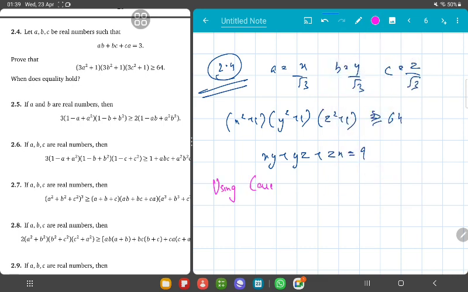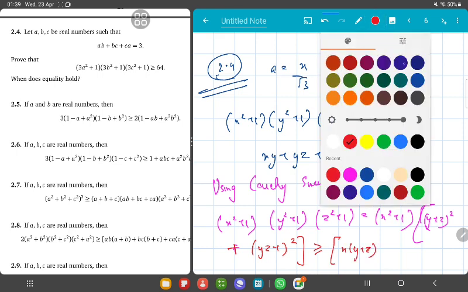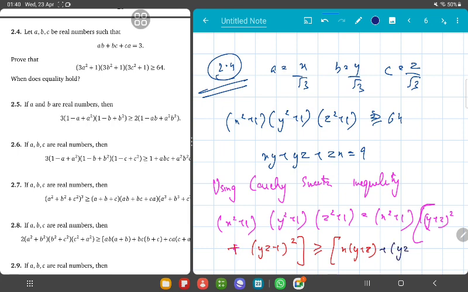Using Cauchy-Schwarz inequality, y square plus 1, z square plus 1, x square plus 1, y plus z square plus yz minus 1 square is greater than or equal to x, y plus z plus yz minus 1 square, which equals 64.